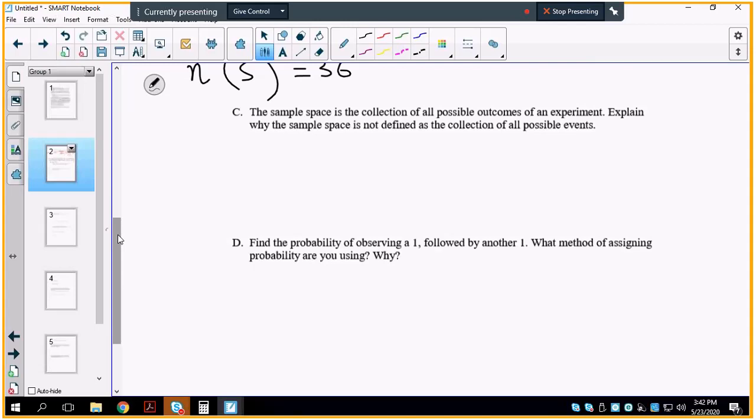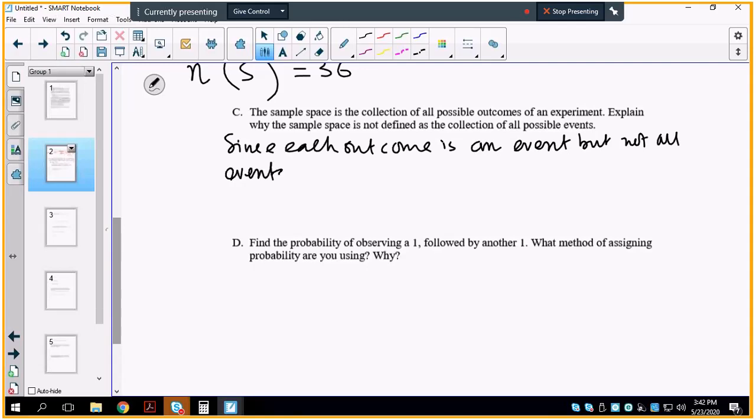So to answer this question, I say that since each outcome is an event, but not all events are outcomes. So it's like saying each brick is a building block, which is a part of the wall, but each wall, even though it is a building block, might not be a brick. So the smallest building blocks are the bricks.